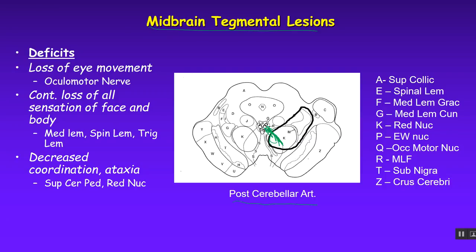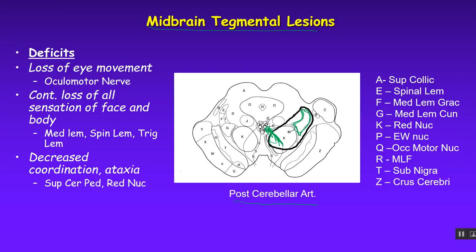Contralateral loss of all sensation of the face and body. It tends to knock out this whole region, which is your medial lemniscus, spinal lemniscus, trigeminal lemniscus, all together. When you're up in the midbrain, all of those are together. Proprioception, vibration, pain and temperature from body and face is already crossed back over to go up at that point, up in the midbrain.